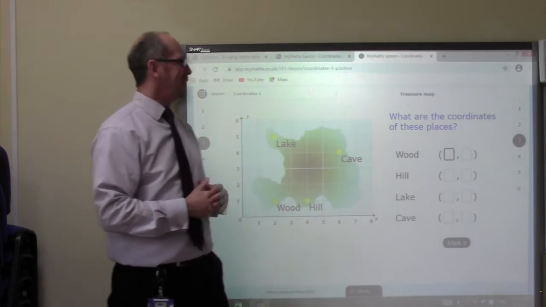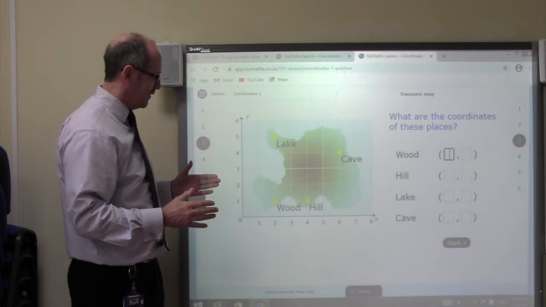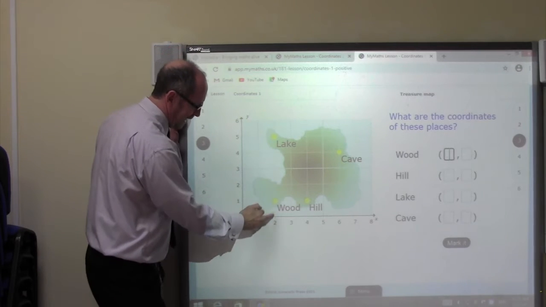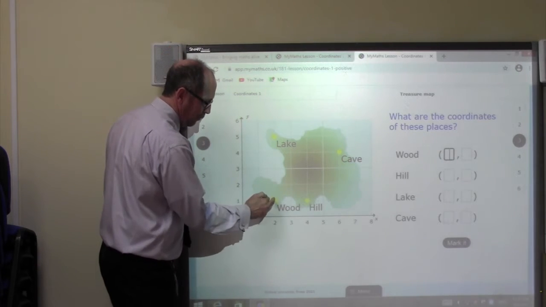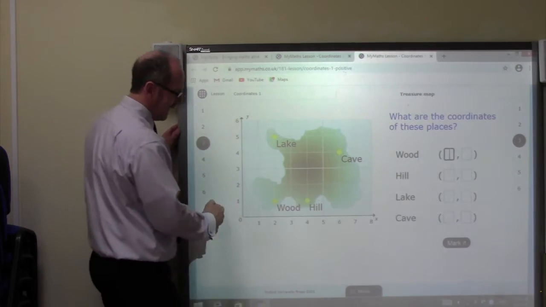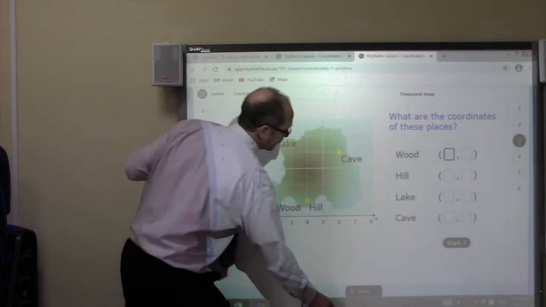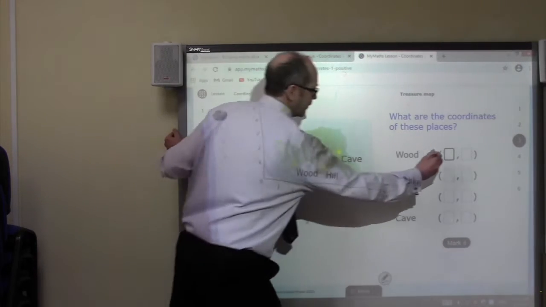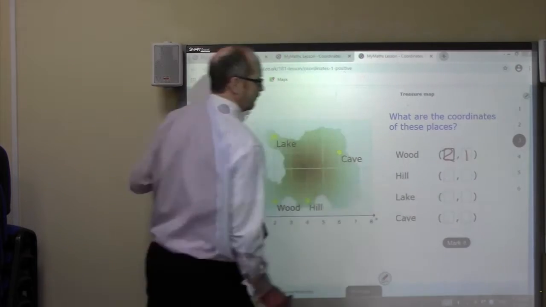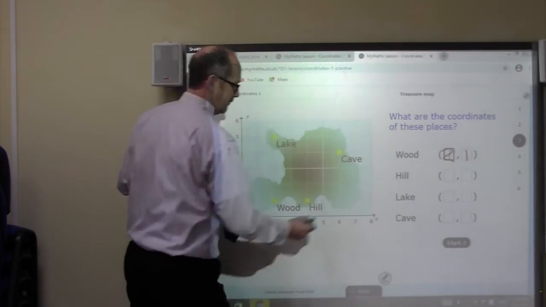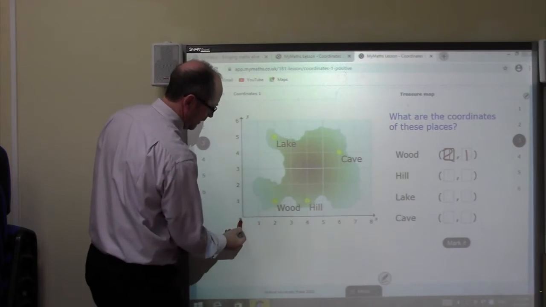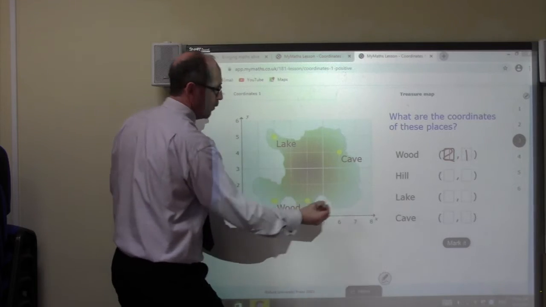We've got what are the coordinates of these places. So we find the wood. We've got the wood down here. We're going to look at not where the writing is, but where the yellow dot is. So the yellow dot, we go along first, 2 along and 1 up. Then we've got the hill. The yellow dot, you go 4 along and 1 up.